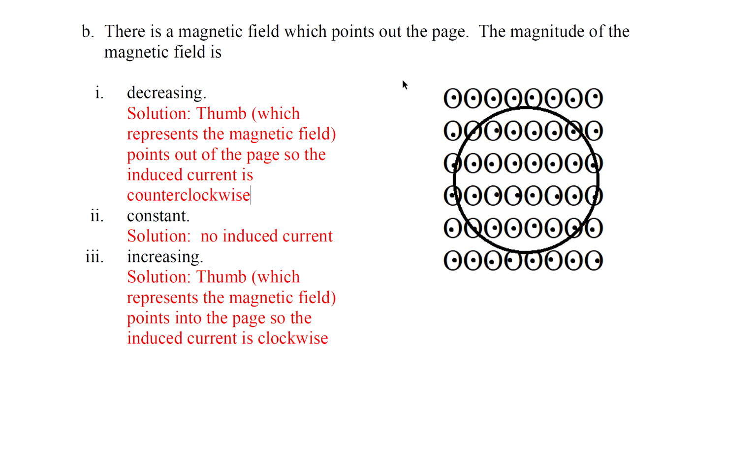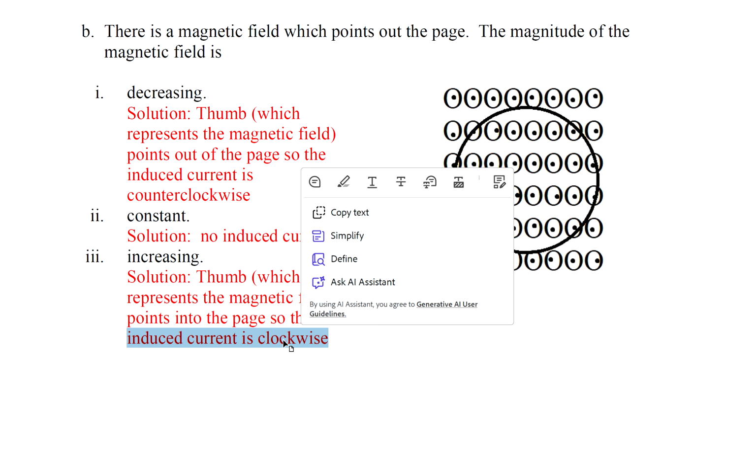We don't want to change the amount of magnetic flux we have, so we point the thumb of our right hand into the page. You can see our fingers curl clockwise. That's why the induced current is clockwise.